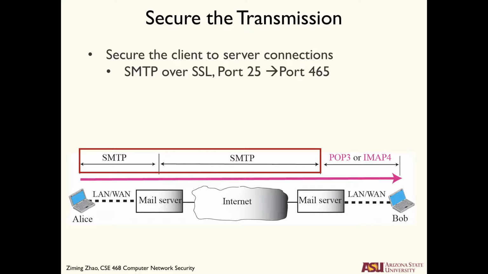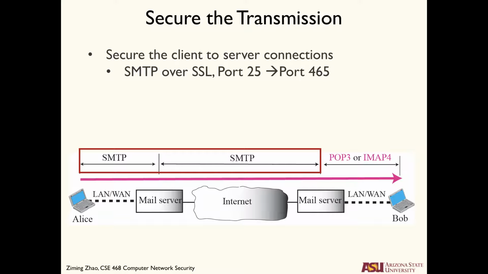So in that case, your standalone application, the mail client, and your mail server will establish a secured, encrypted TCP connection, and so the mail sent from your laptop to your mail server will be encrypted. Then the mail server, whenever it forwards your email to other servers, will also use SMTP over SSL.